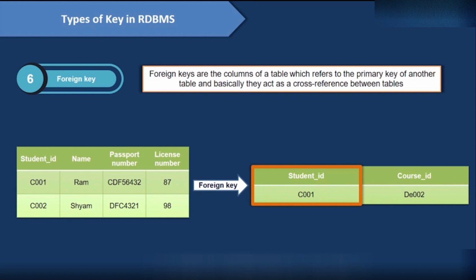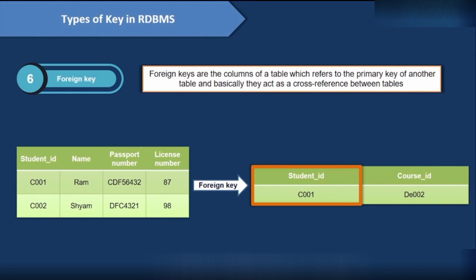If you look, we have 2 tables over here. One is the student table and the second one is the course table. In the student table, we have attributes like student ID, name, passport number and license number. But in the course table, we have student ID and course ID. Now, how are we going to relate them, right? You can see one attribute is common: student ID is common in the student table and also in the course table, right?